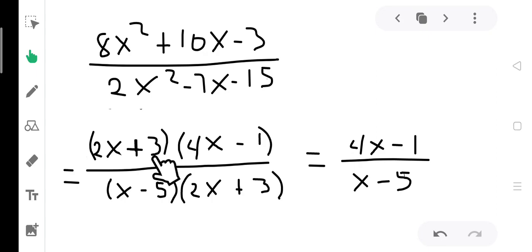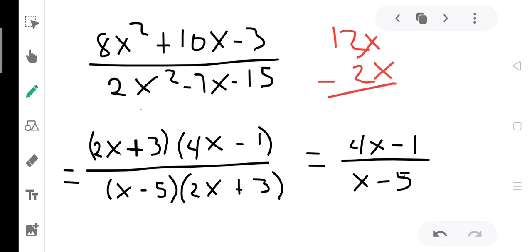So we have 3 times 4x, that is 12x. And then 2x times negative 1, that is negative 2x.